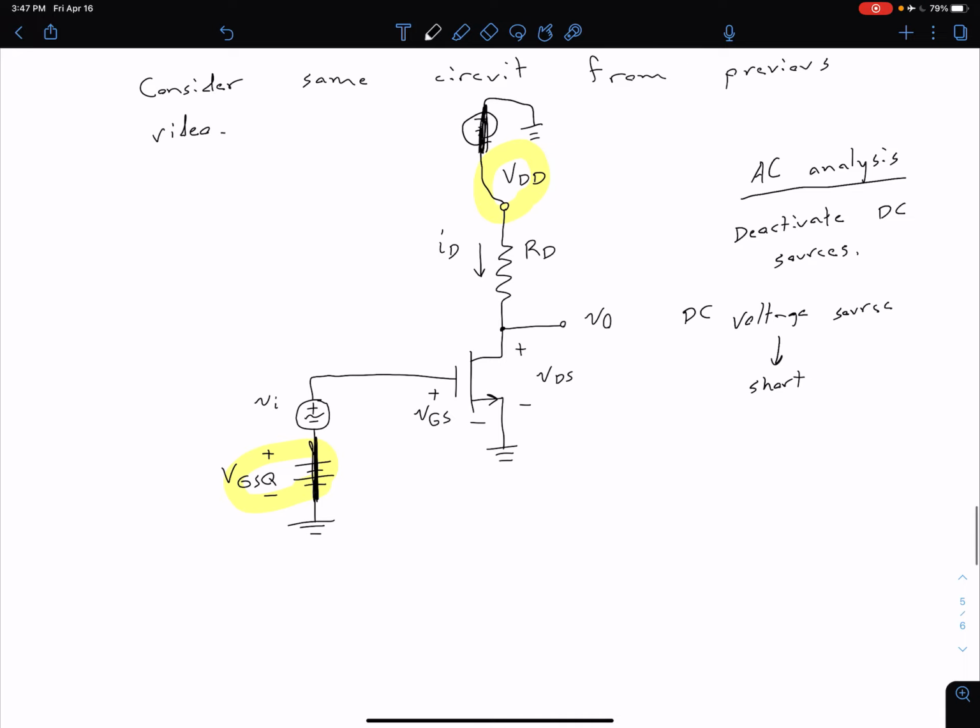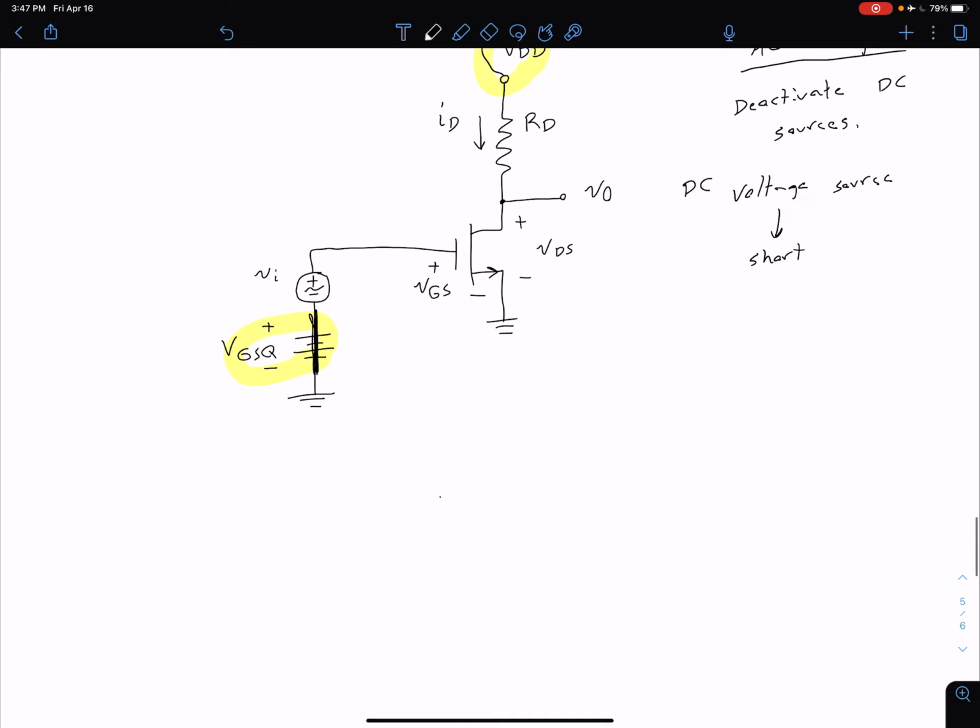And so we can redraw this circuit, and it's going to look very similar. From our source, we're still going to ground, and now from this side as well, we're going through RD to ground on our drain side. And this voltage across RD is still going to be our V out. Sorry, now this is our small signal, so that's a lowercase v, lowercase o.